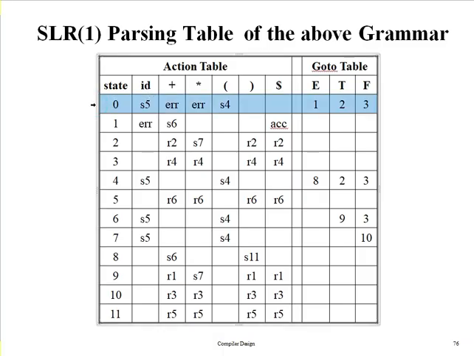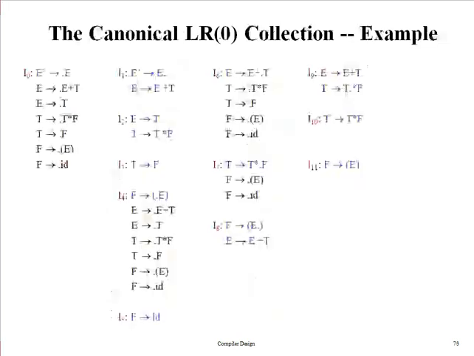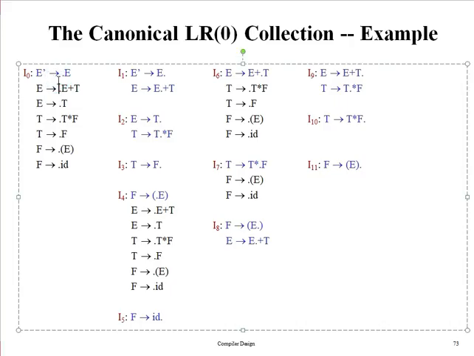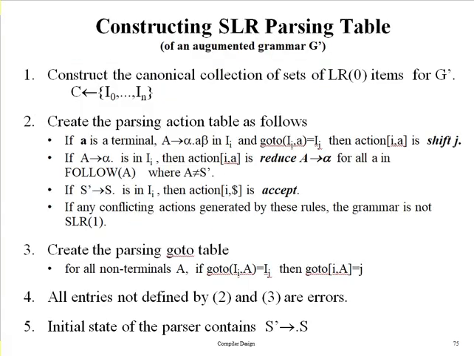How can we fill the first row? The first row can be filled by considering item 0. We place the actions by executing the parsing table construction algorithm.